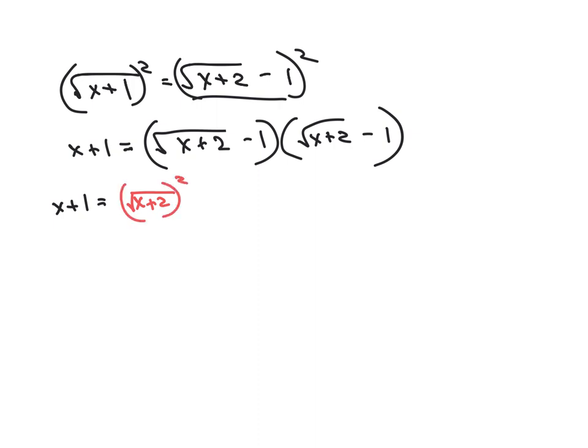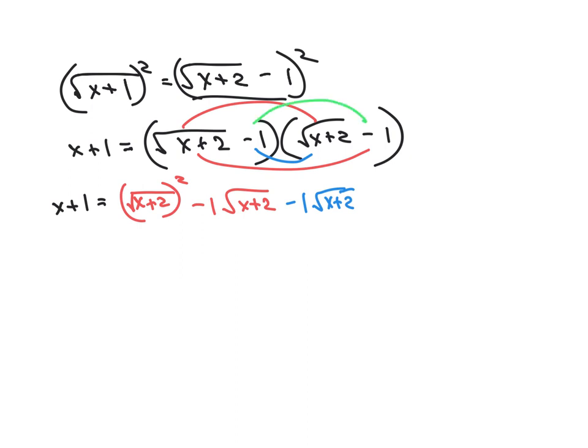That's our first. Now the outside, minus 1 square root of x plus 2. Then our inside, minus 1 square root of x plus 2. And then our last, plus 1.